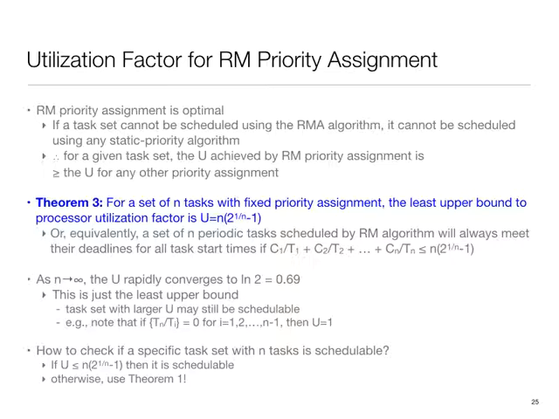Now, if you take the limit of this number as n tends to infinity, you will find that it is basically ln 2, 0.69. So one lazy way of making sure that a set of tasks is schedulable is to pick a fast enough processor so that the utilization is no more than ln 2, no more than 69%.